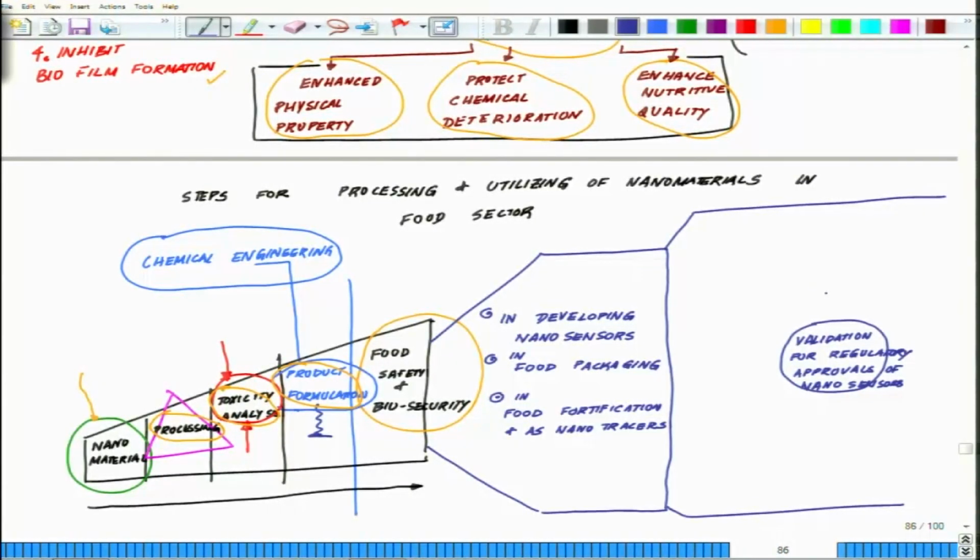Then user need evaluation. So, this is all done based on step 1, which is user need evaluation, because one has to first of all understand the need of the user. Without that, and of course, the acceptance of the user.